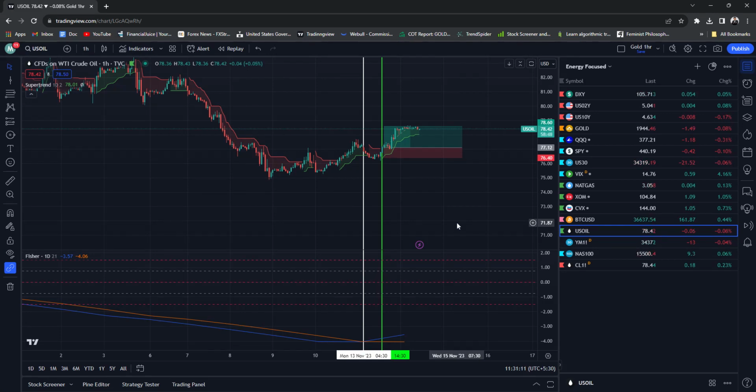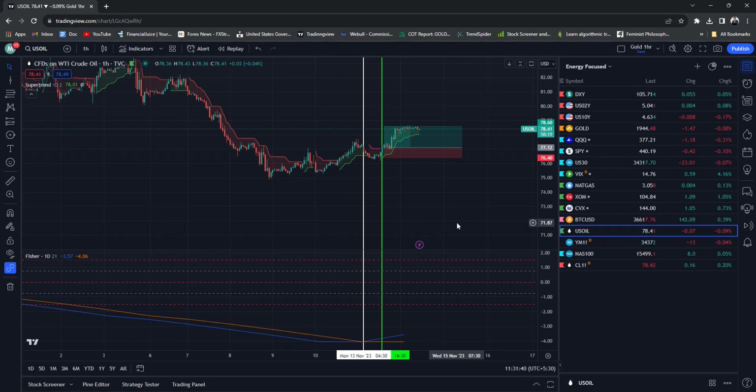What Fisher is doing is taking the 21 days data and putting it into a sort of a cycle of trend, showing which side the markets are. And what Supertrend is doing is taking the last 10 bars of data, which is very fast. 10 hours is a small time while trading something like crude, natural gas, or the indices. It's a very small time.